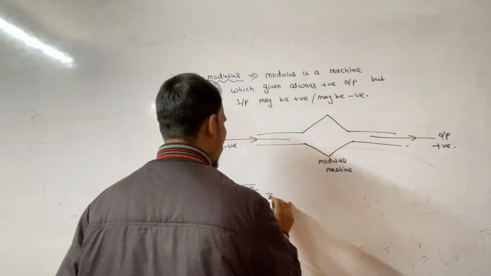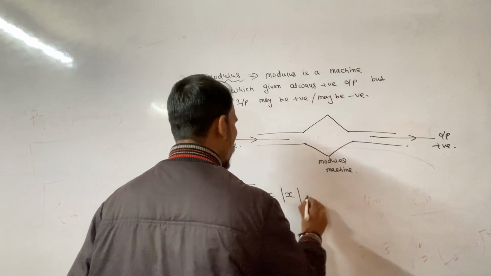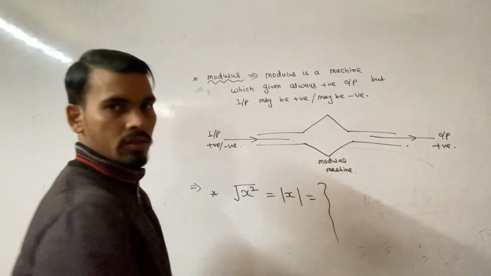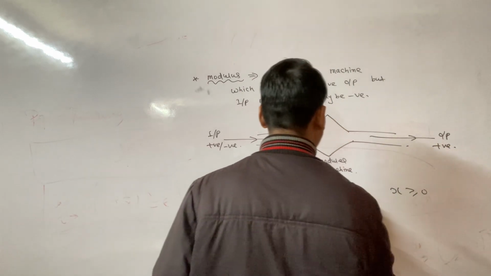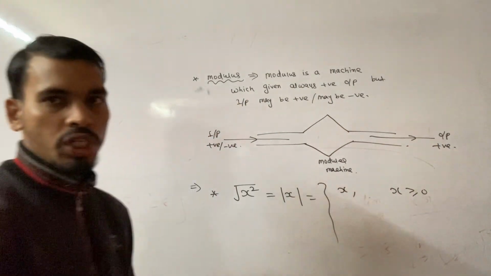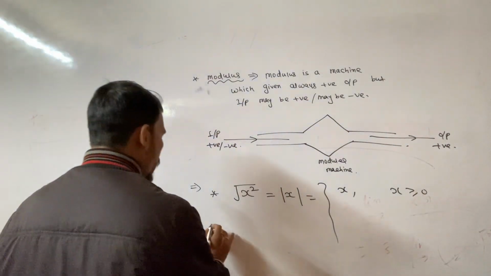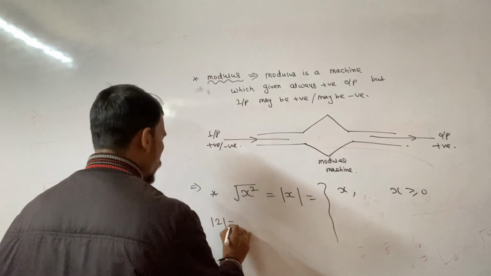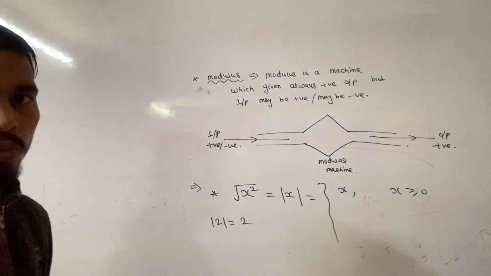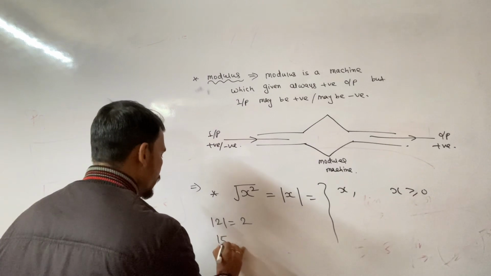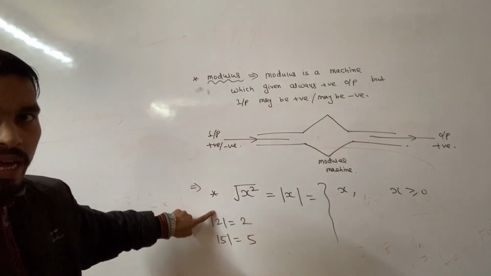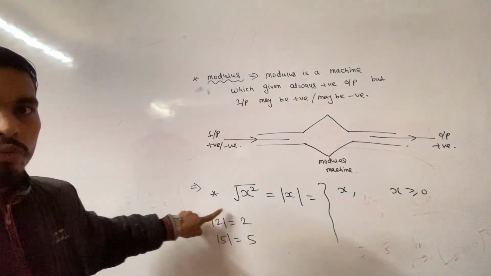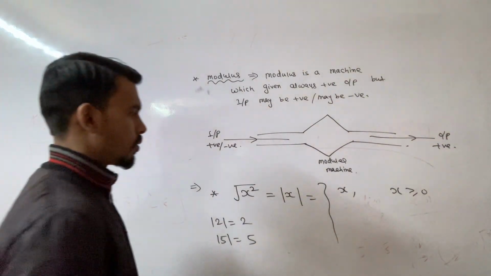So we can write root over x square is equal to modulus of x, and this will be x for x greater than equal to 0, because if we take modulus of 2 we get 2, modulus of 5 will be 5. So suppose we put here positive value, we get positive value also.